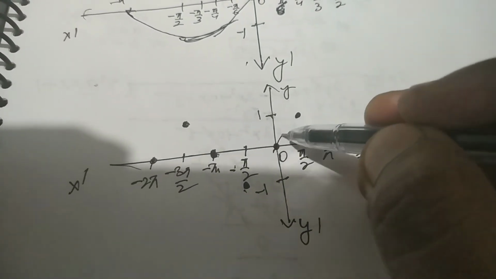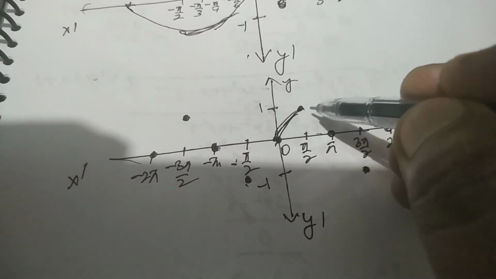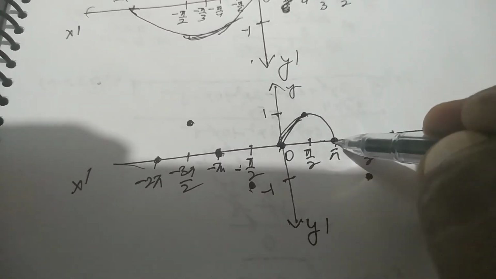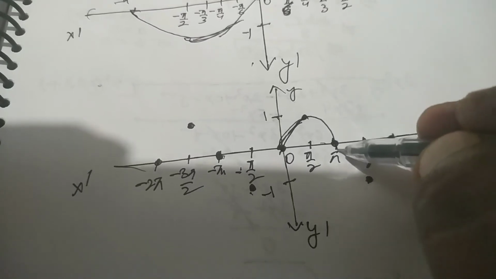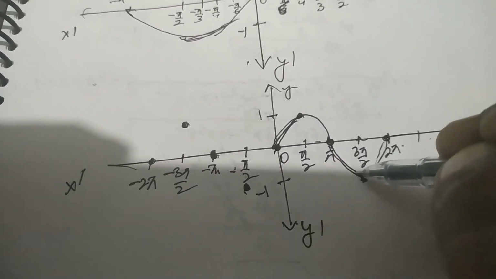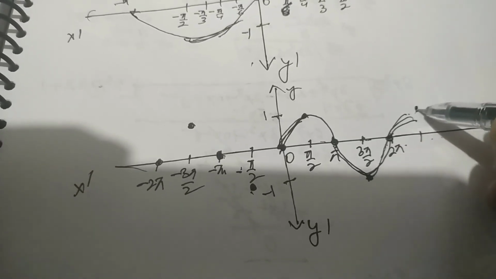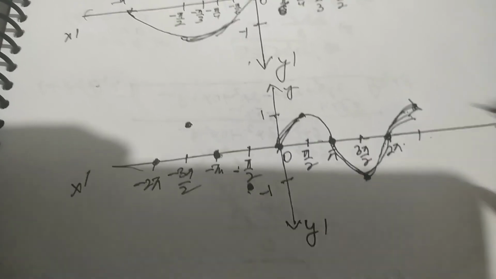Then the curve changes slowly, not rapidly, and we join these points by freehand.